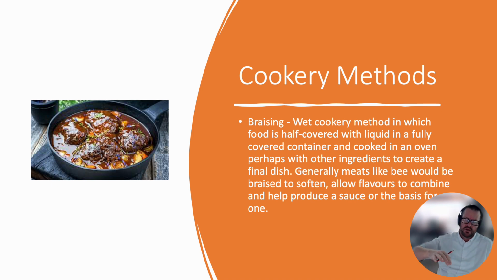If we slow cook it, like braising or sous vide, it breaks down the connective tissue into gelatin and then becomes all soft and delicious and easier to eat. So if we're talking about braising, we're talking about meat in general. Meats like beef would be braised to soften and allow flavors to combine and help produce a sauce or the basis for one.